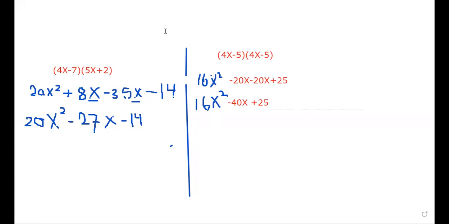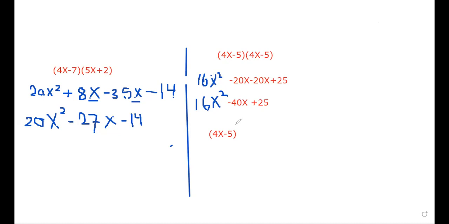We can write this question like this. What do you notice about the two parentheses, grade 8? 4x minus 5 and 4x minus 5.